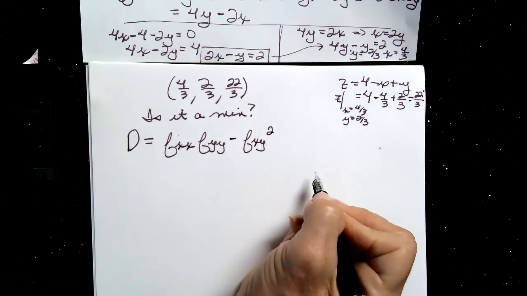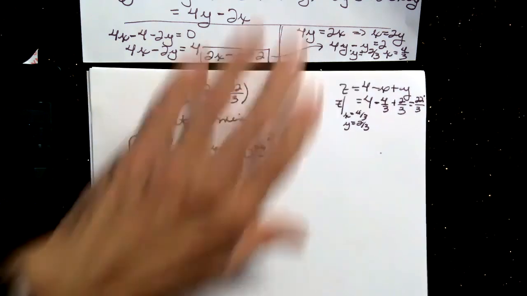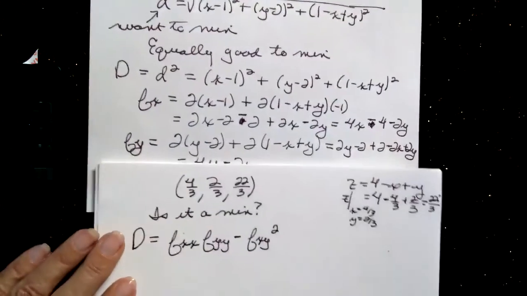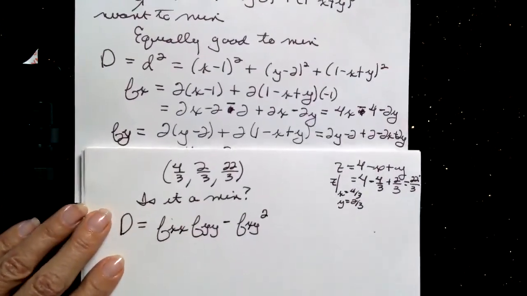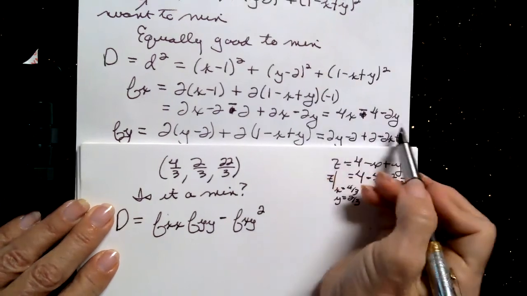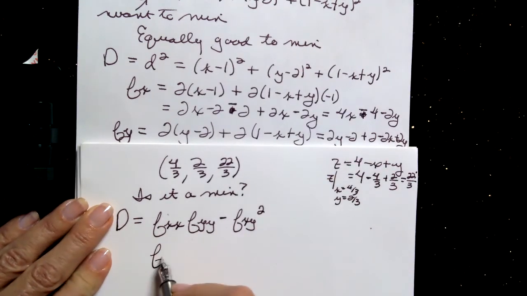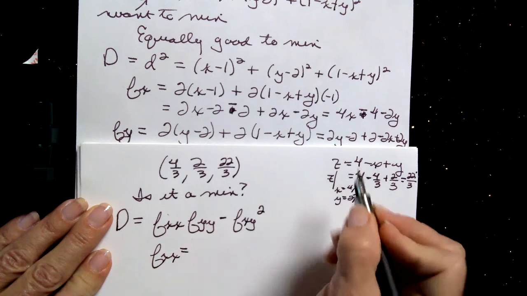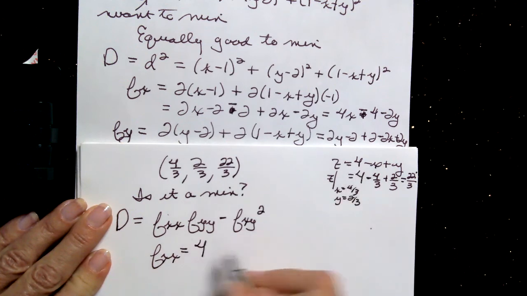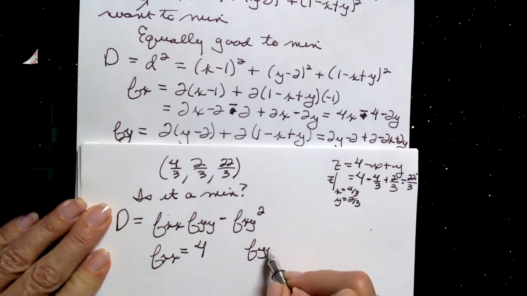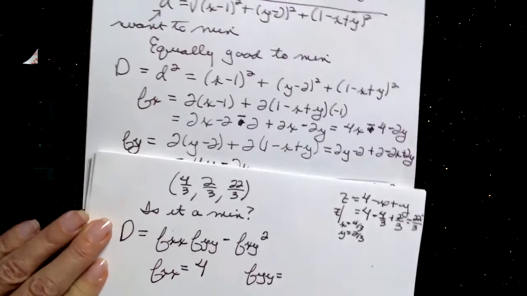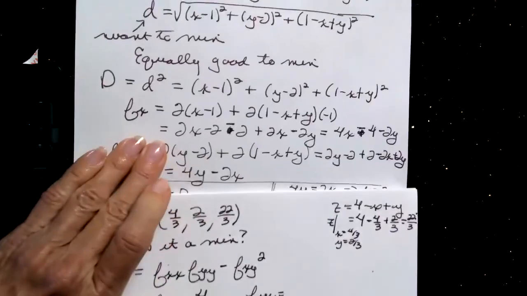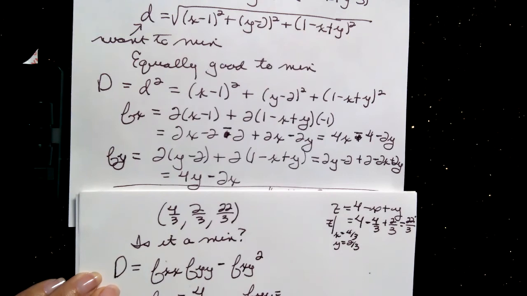Okay, so we need second derivatives. So let's go back and refer to what our f sub x and f sub y were. So here's my f sub x. So f sub xx is going to be 4. f sub y, if you remember, here's our best form for f sub y. f sub yy is going to be 4.